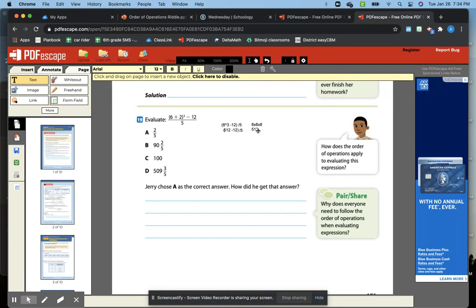So 612 minus 12 is 600, and then we can easily do 600 divided by 5, which is 120. So that's not an option. Huh. Odd.